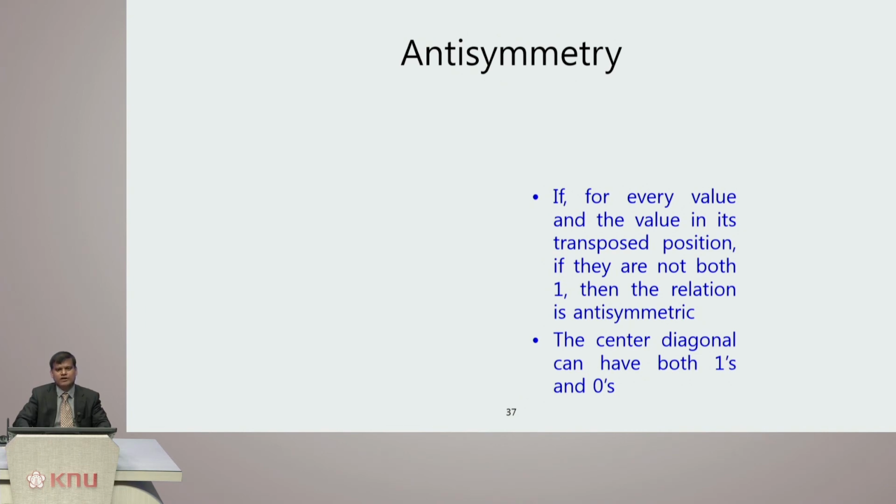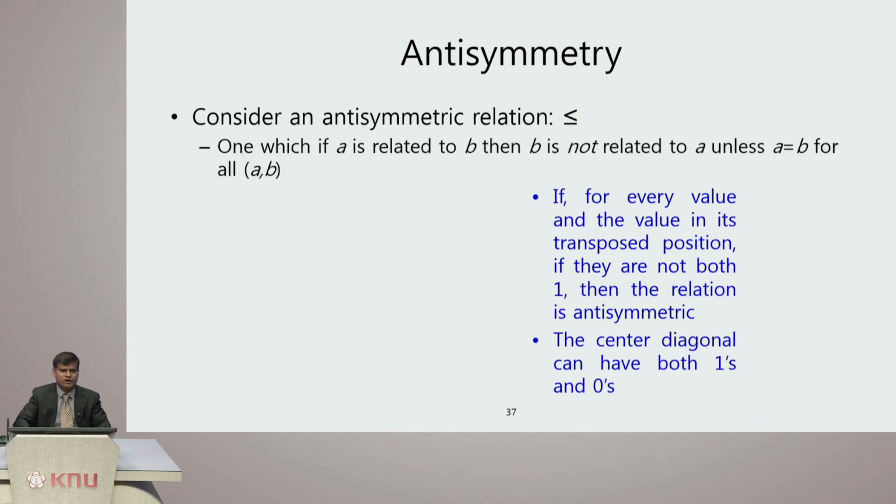Antisymmetry, if for every value and the value in its transposed position, they are not both 1, then the relationship is antisymmetric. The center diagonal can have both 1s and zeros. So let's take the relation less than or equal to.